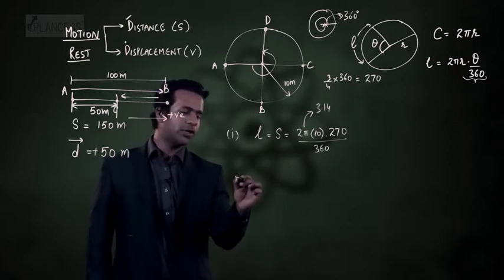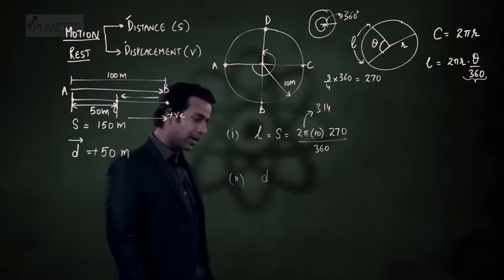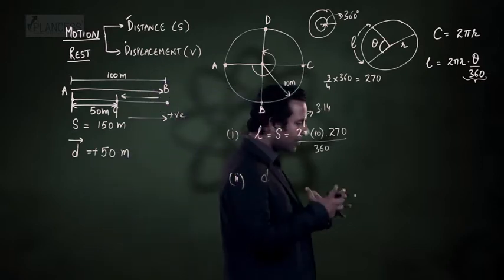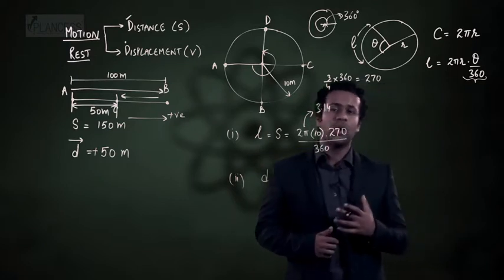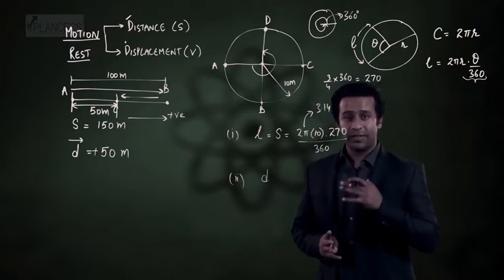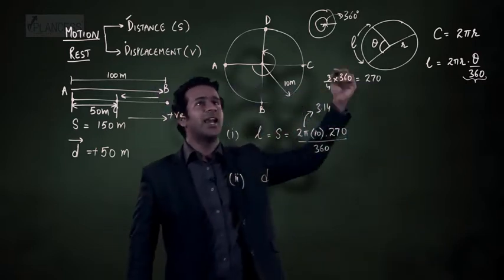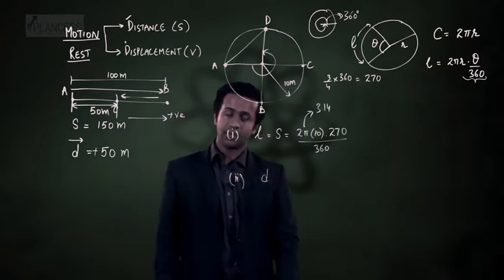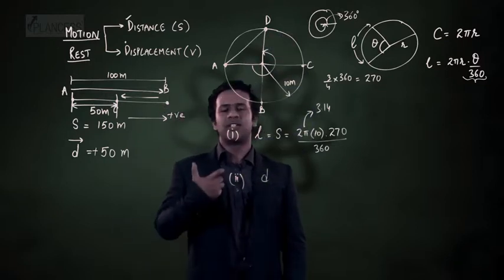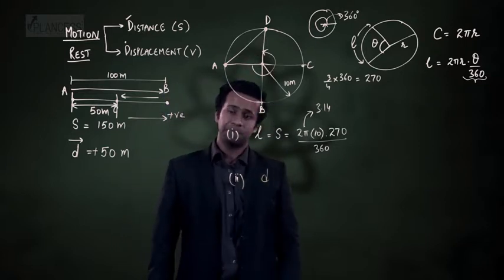Let's move on to the second part where we have to find the displacement. Now, as we have already seen, to find displacement, we need to join the initial point with the final point. So, to calculate displacement, let's join points A and D. Once this is done, displacement is nothing but the length of this line AD.